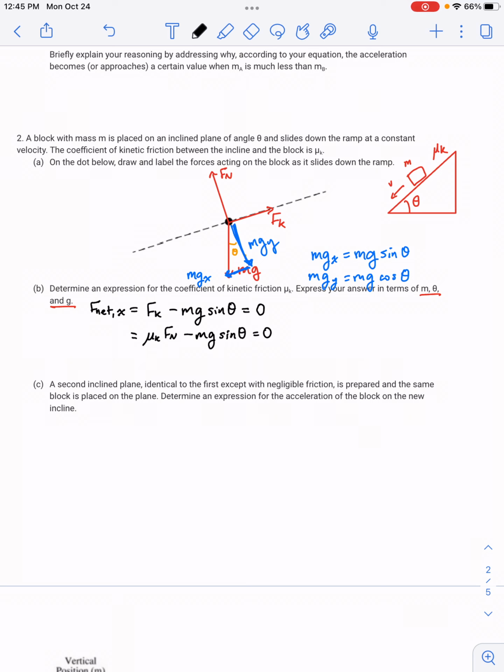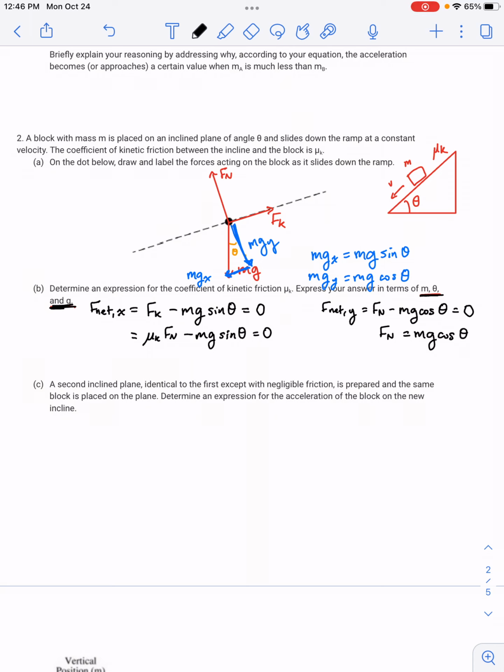Now you might think you can solve for the coefficient here, but we still have an Fn in there, and we don't want Fn. It's not one of the three things that we can include in our answer. So we have to look at the y direction. In the y direction, we have the normal force up, and then minus mg in the y direction, which would be mg cosine theta. Again, there's no acceleration in this direction, so this would be equal to 0. So now we can solve for Fn by moving mg cosine theta to the other side, so Fn equals mg cosine theta.